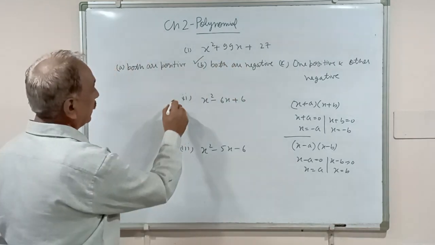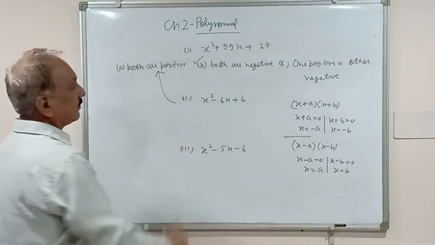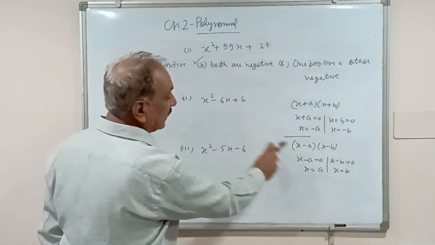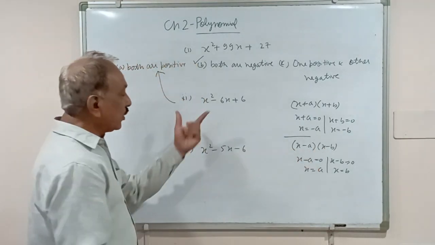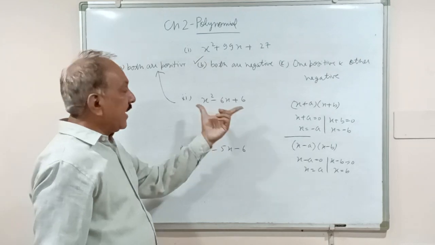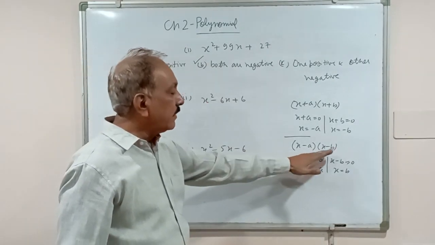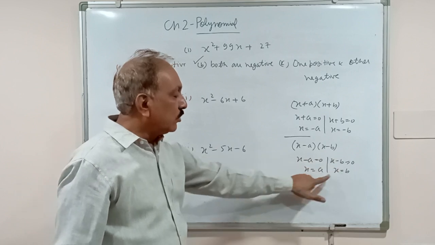Both are positive. Because middle term is negative, its factors are minus minus, because first and last term are positive. If first and last term are positive, middle term is negative, its factors are negative and negative, so both zeros are positive.